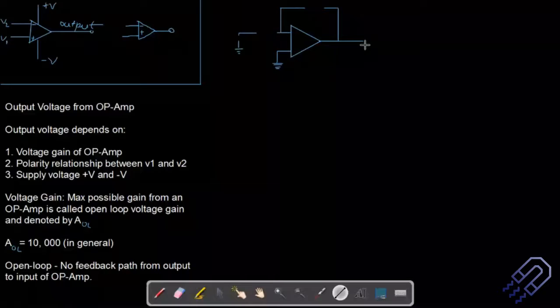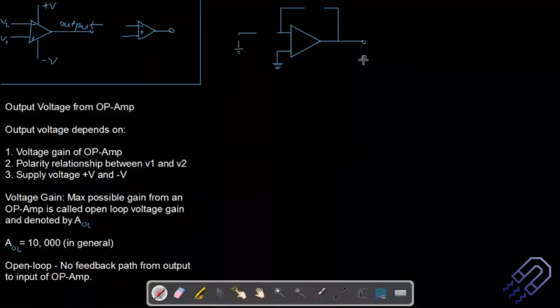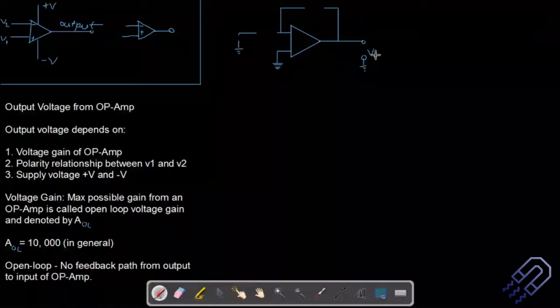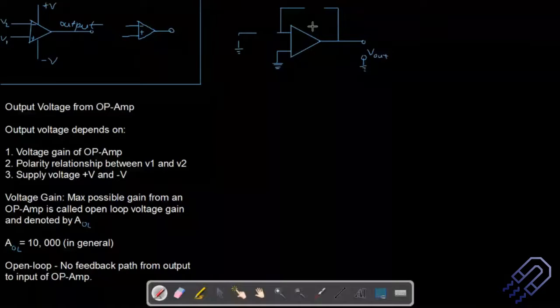Let me complete this figure. We can have an output across these two ends, and we have a feedback resistor connected here, which I write as RF.